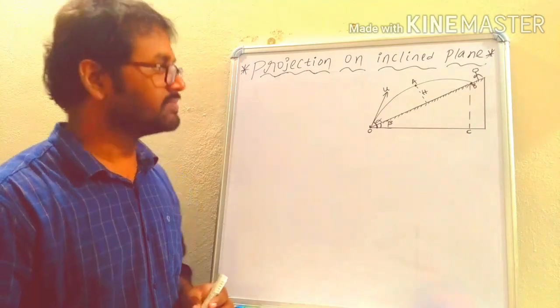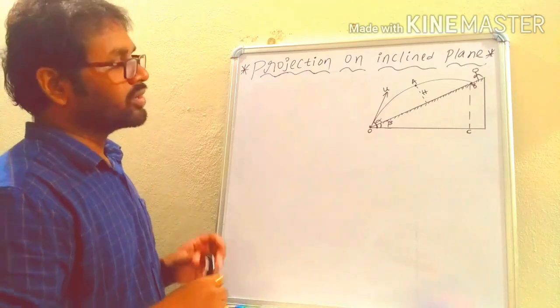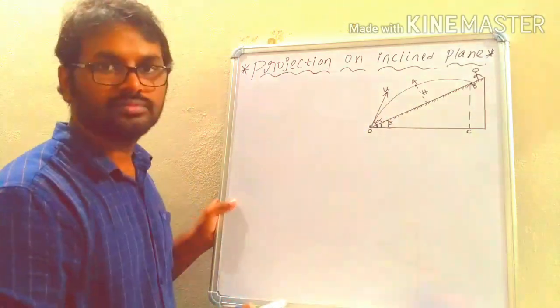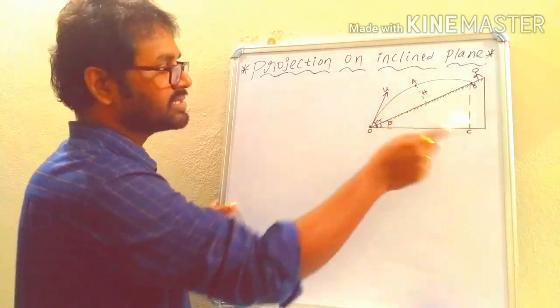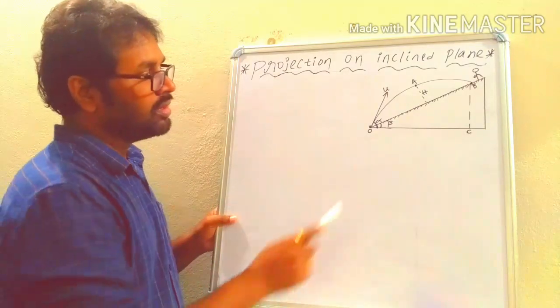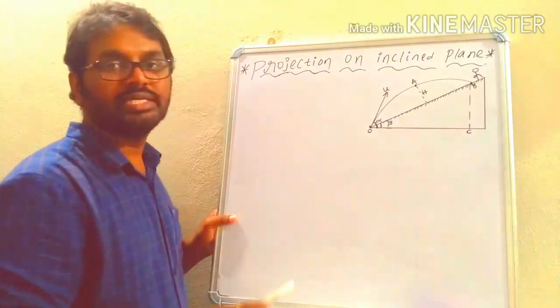Let us see once. Here you can see OBC is the inclined plane, which is fixed. The angle of inclination is beta.